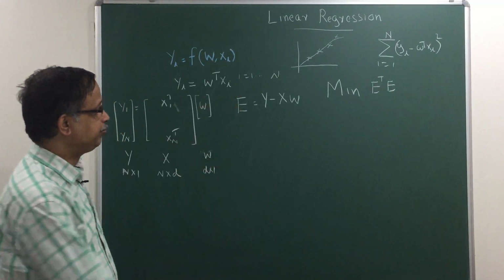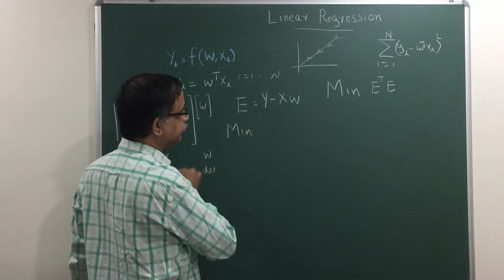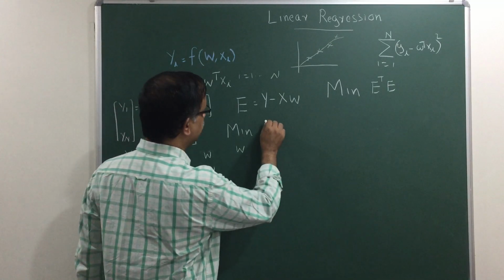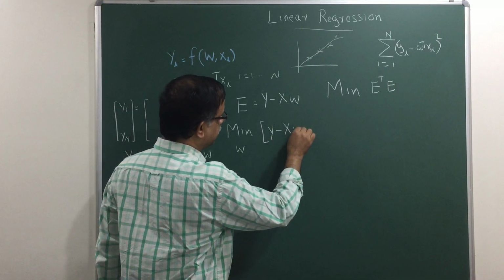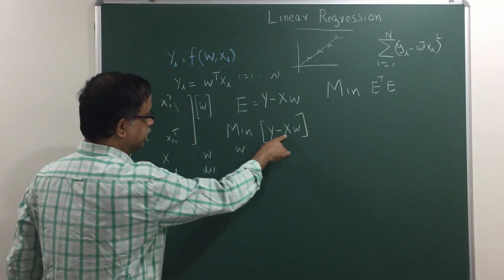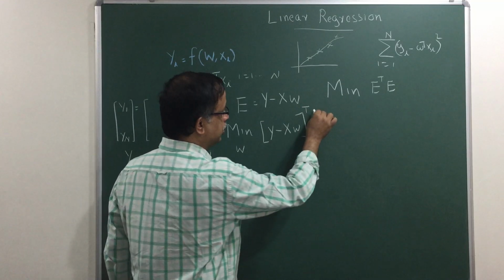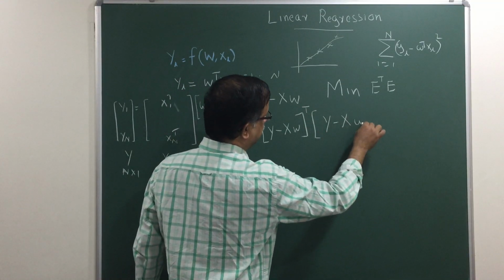How do we do that? Our problem will now become: minimize over w, we want to find the best w, y minus xw, whole transpose, times y minus xw. Y is a vector, x is a matrix, w is a vector.